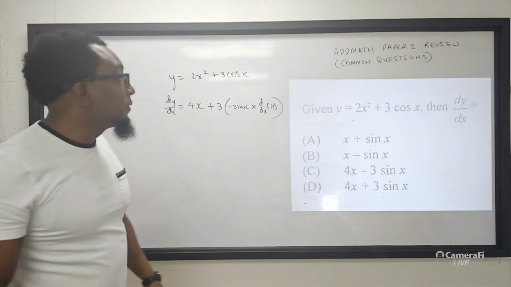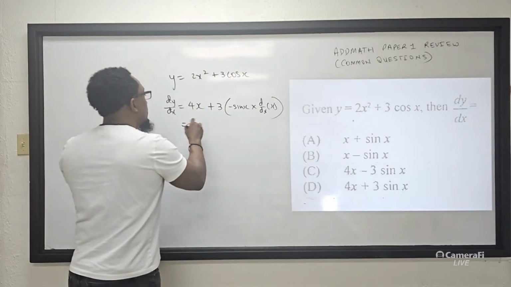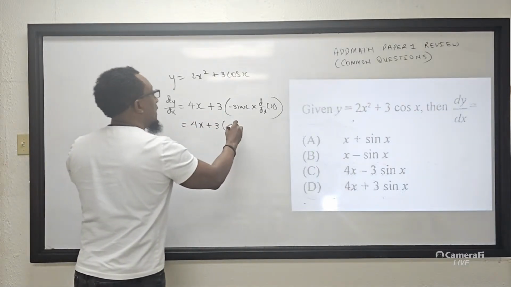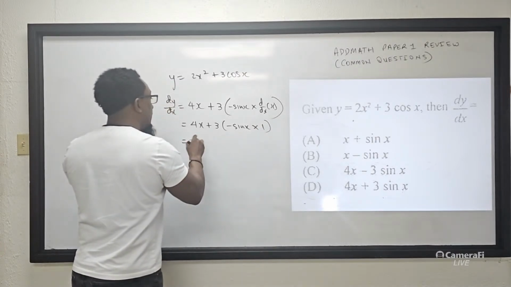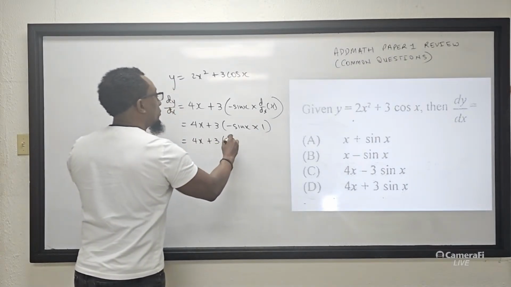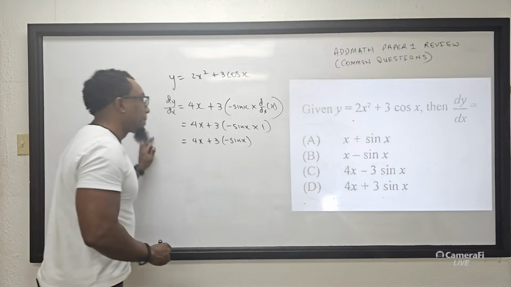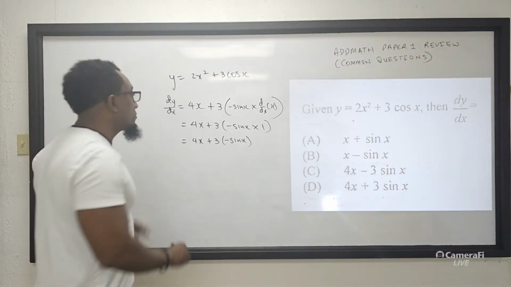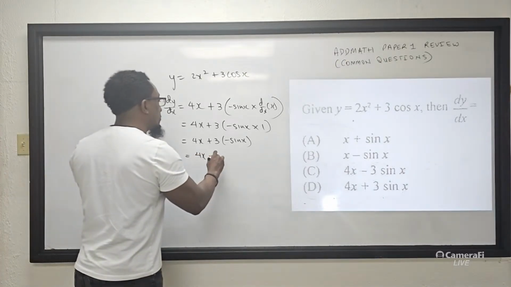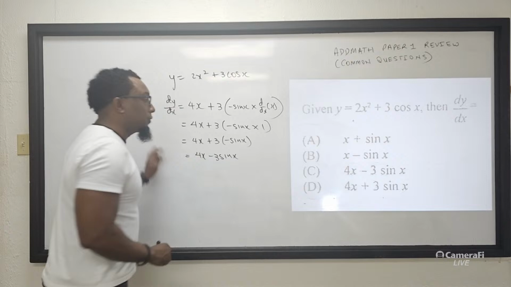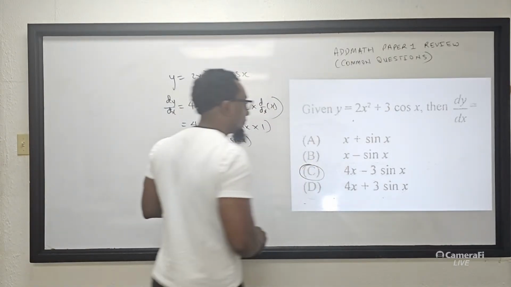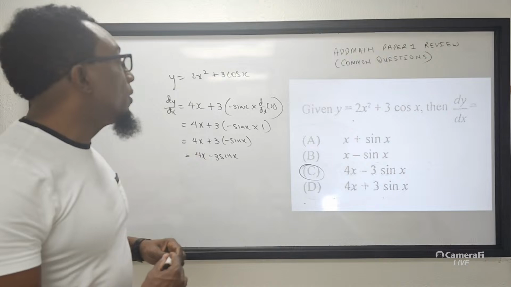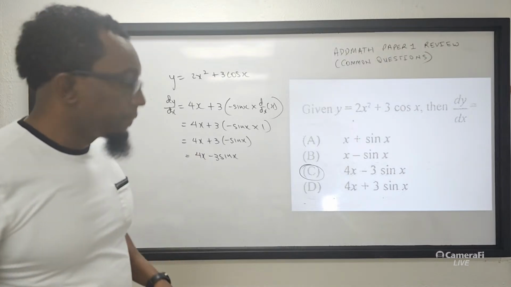So using the chain rule there, this becomes 4x plus 3 into negative sine x times 1, which is negative sine x. 4x plus 3 minus sine x, and 3 by negative sine x, this becomes 4x minus 3 sine x, whose answer there is C. Make sure we know how to differentiate, okay?